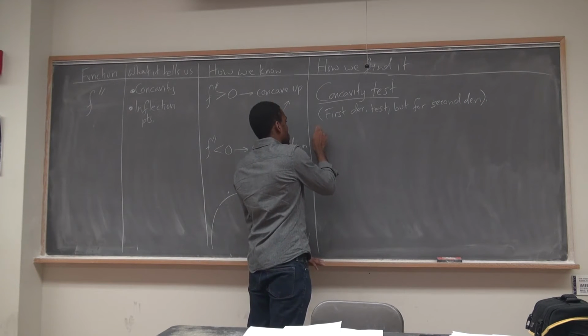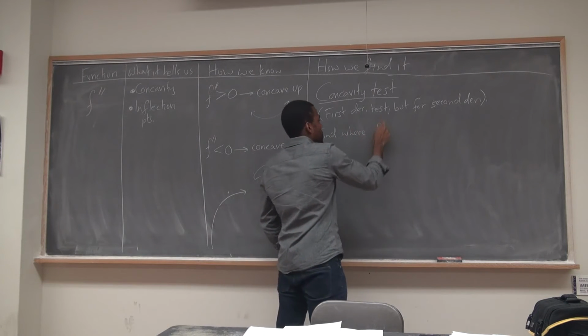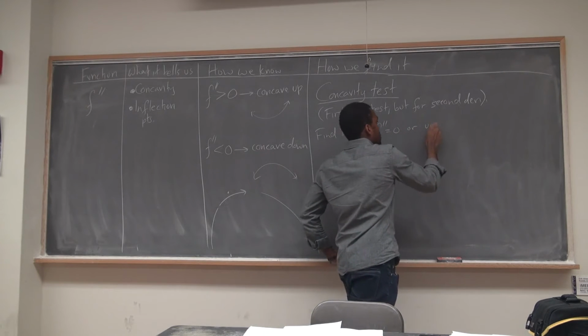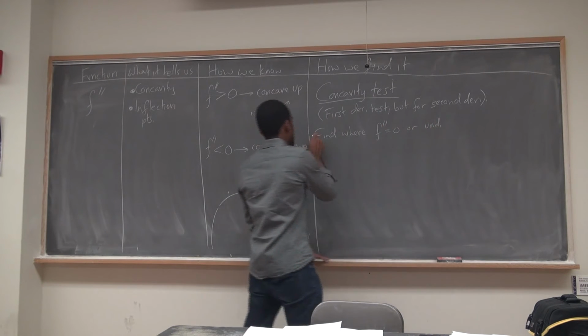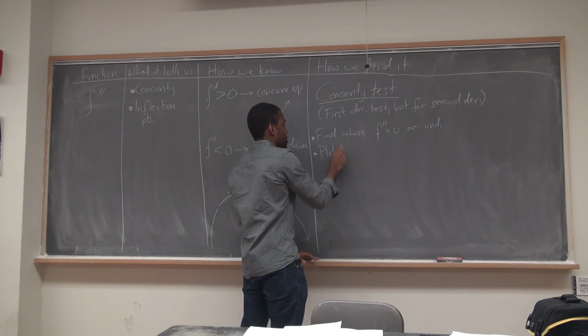So find where f double prime is 0 or undefined. That's going to be your first step. Plot these on a number line.